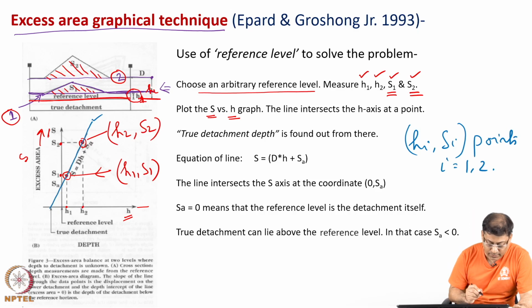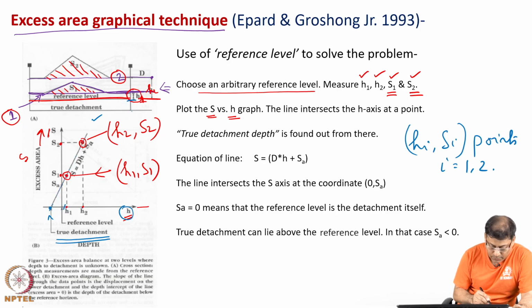Once this blue line is drawn, it intersects the H axis and we mark this as the true detachment depth. From H1 to this distance can be measured and that distance is plotted over here, from the h1 point in the downward direction, or if I want to do it in another way, from h2 to this point, this distance can be measured, and from this place we can draw that line.